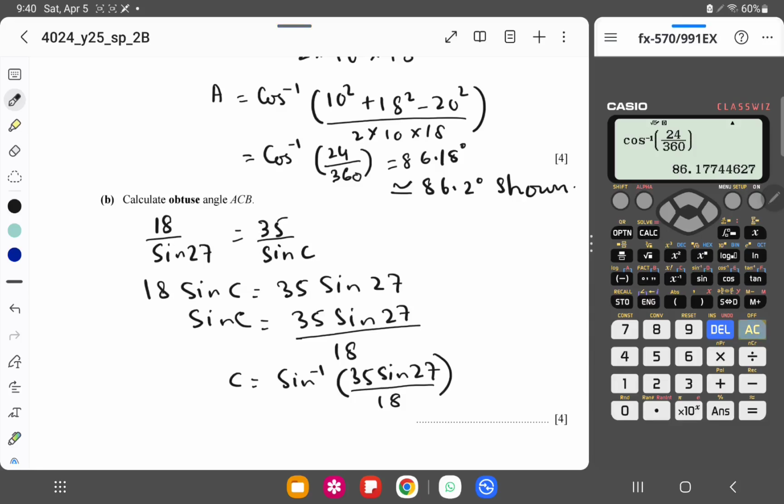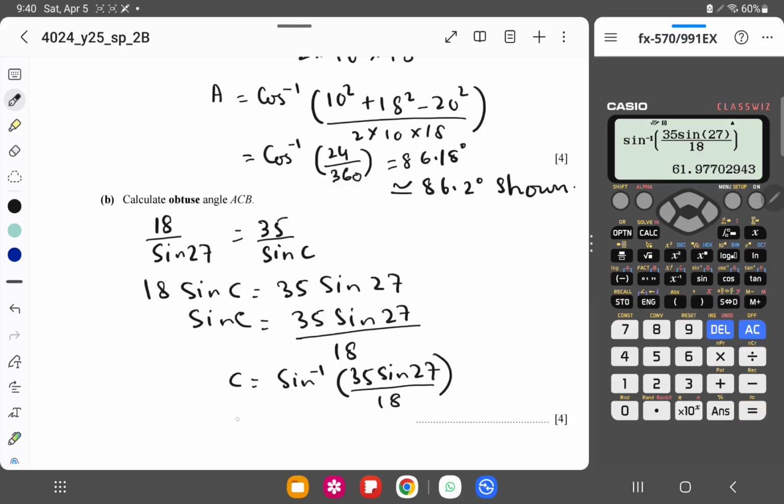Take your calculator. Now sine inverse and then 35 sine 27, close and then come down. This is 18. Okay, then bracket close.